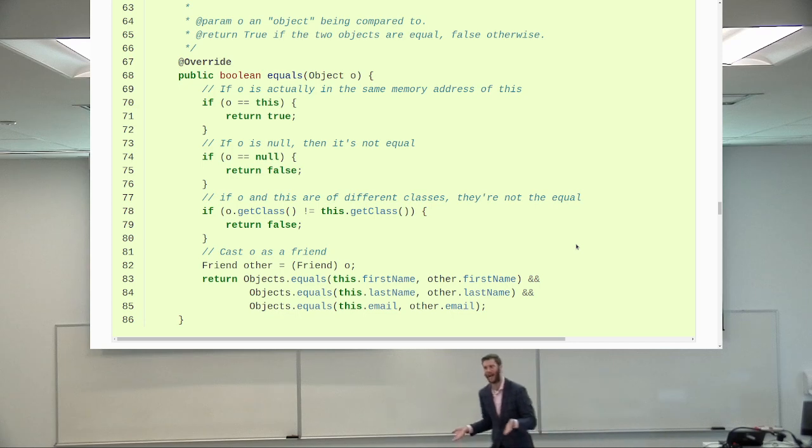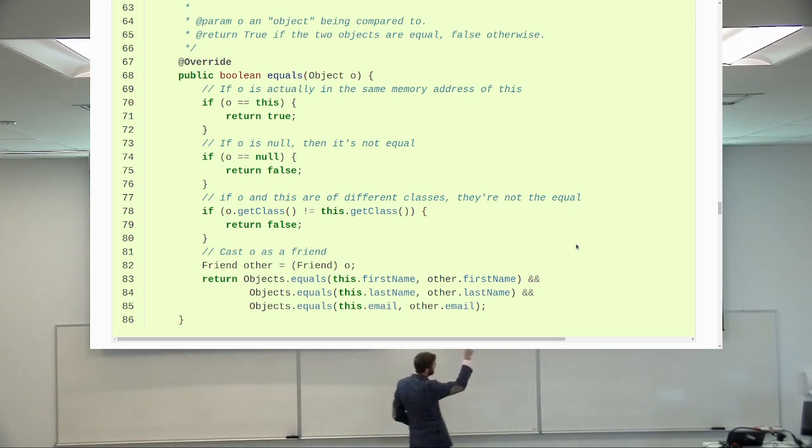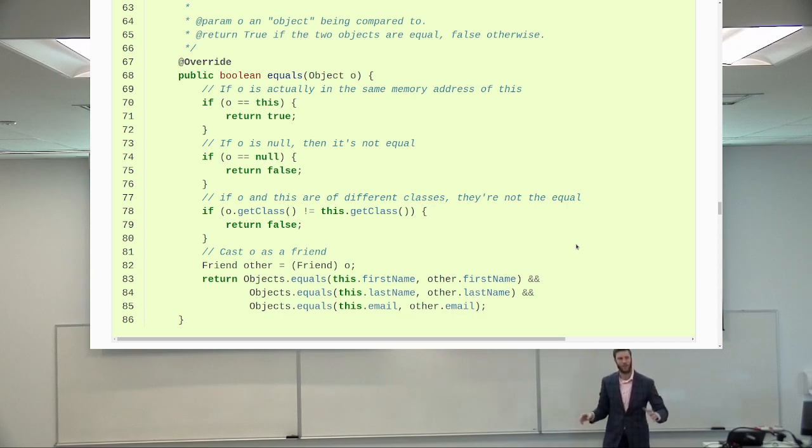Then, if the classes are equal, we can actually start doing the comparison. Because I can actually ask, hey, what's your first name? Because I know if it's of the class Friend, it has a field firstName, and so on. So we do this thing here, where we take the reference variable o, we cast it as a Friend, which is a way for us to tell Java to shut up.